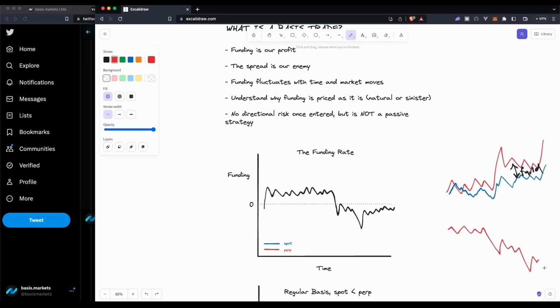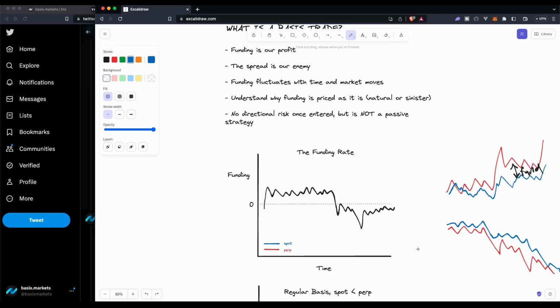It typically happens in downtrends like this, where there's some kind of catalyst for the perp to be trading in that way. So the spot would be trading above the perp. So in that scenario, the longs will be getting paid by the shorts because the shorts are comfy being in that trade for whatever reason it may be. And that would be a reverse basis trade.